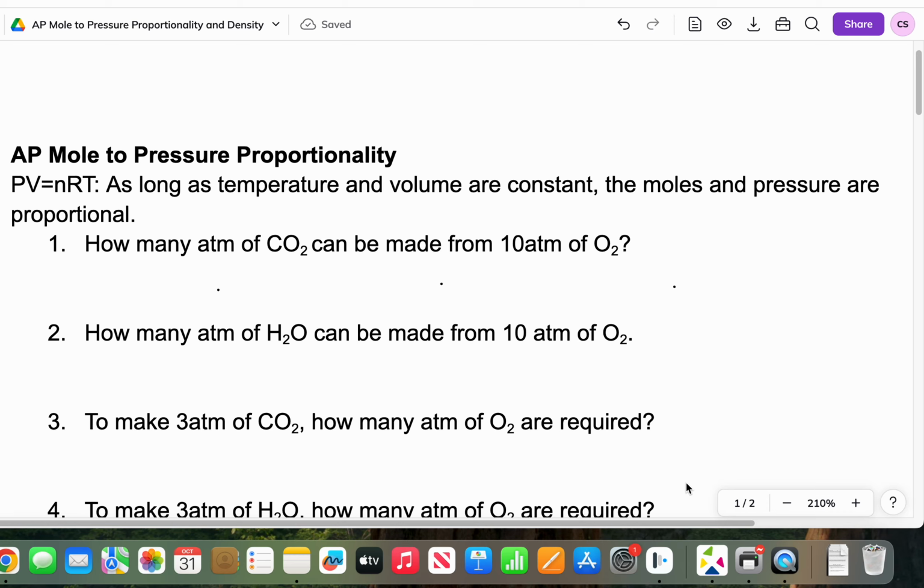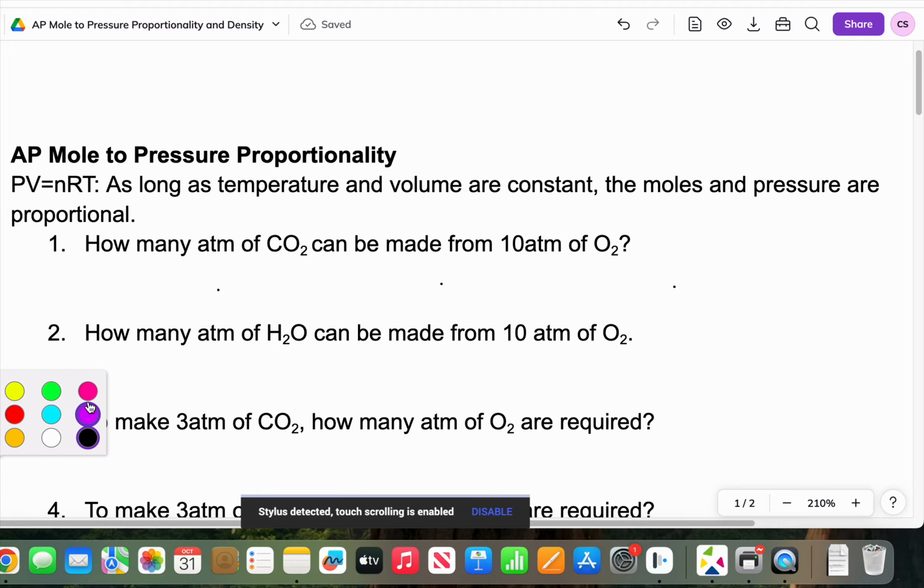Okay, this video goes with the mole to pressure proportionality worksheet that we're doing. Sometimes, to solve simple gas law problems, they want you to figure out how many atmospheres of gas you could get from some other gas.